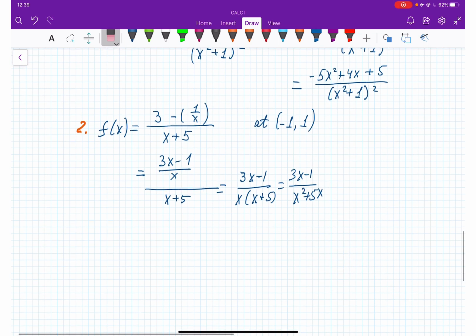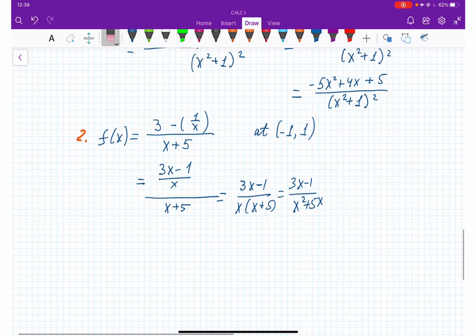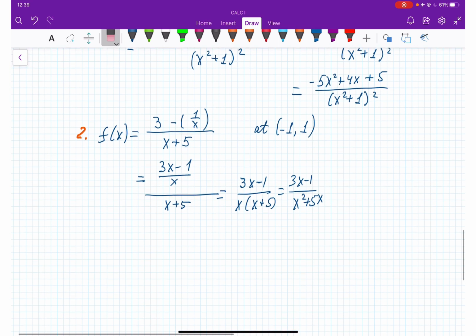X squared plus 5x. Okay, now let's apply the quotient rule. Take the derivative.